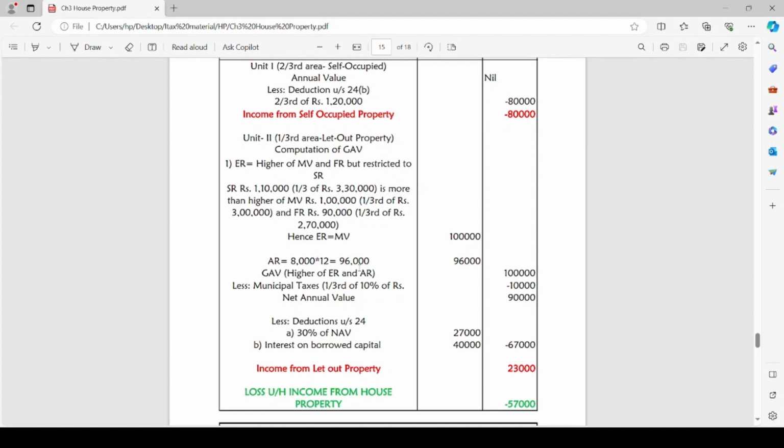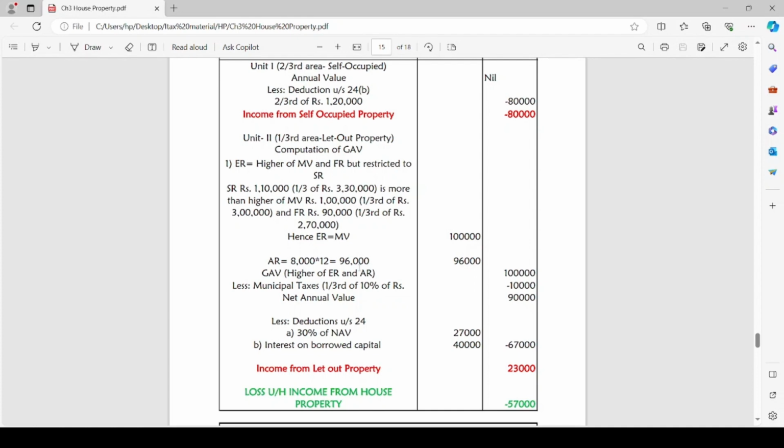So there is no need to proportionately take the actual rental value. We simply multiply rupees 8,000 by 12 months, that is rupees 96,000. The expected rent is rupees 1 lakh and the actual rent is rupees 96,000. GAV is higher of expected rent or actual rent. So the gross annual value will be rupees 1 lakh, that is the expected rent.